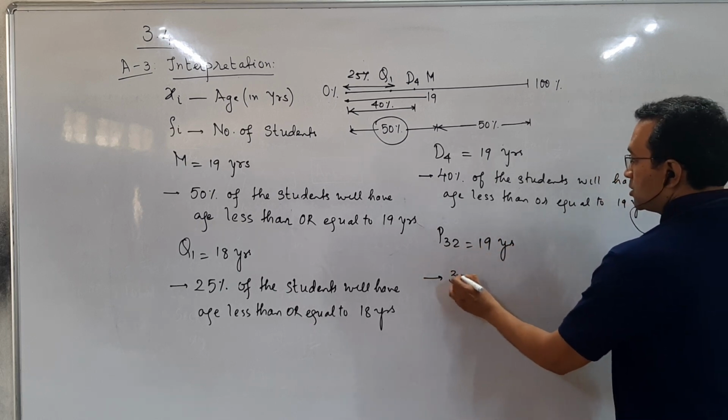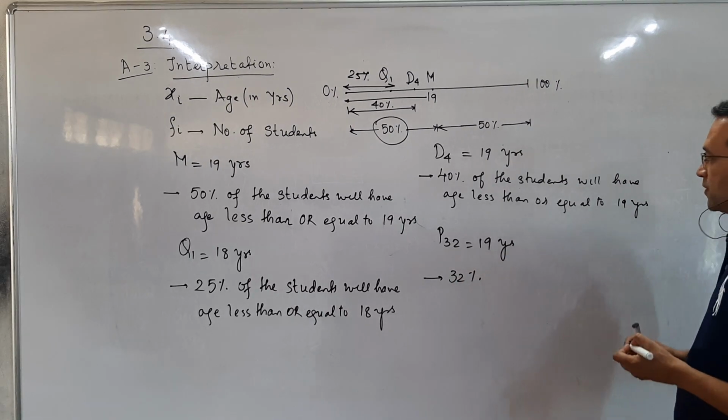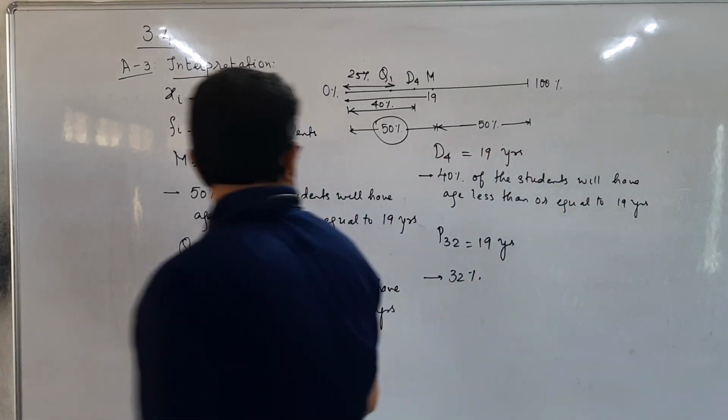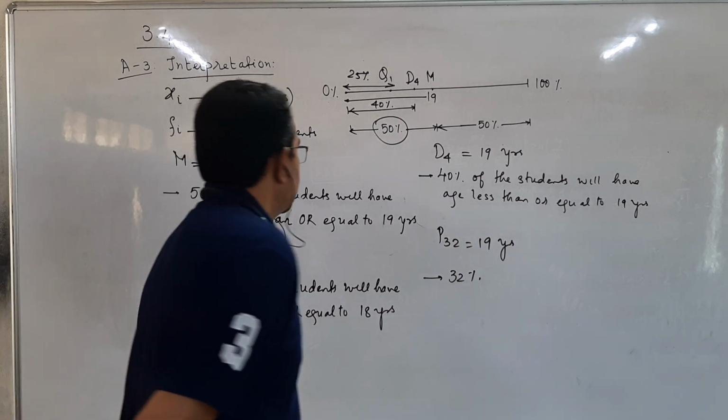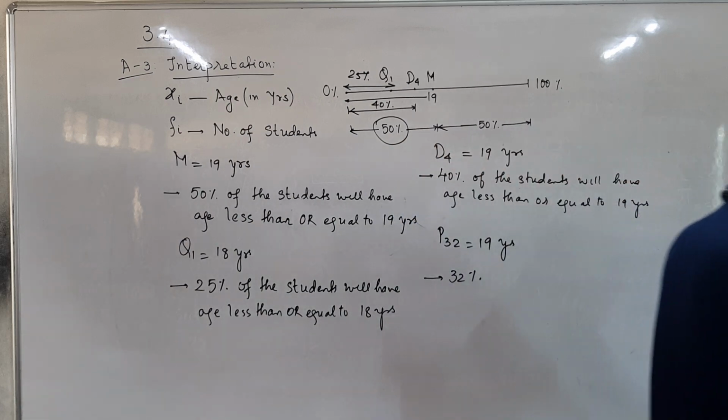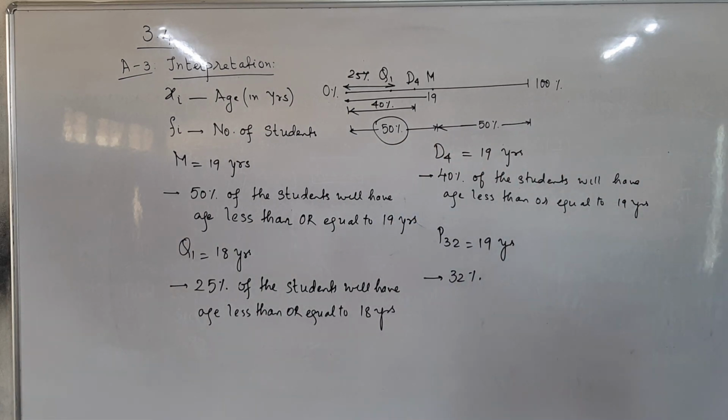So this is what we have to write. Fi is frequency and Xi is age. So this was the interpretation.